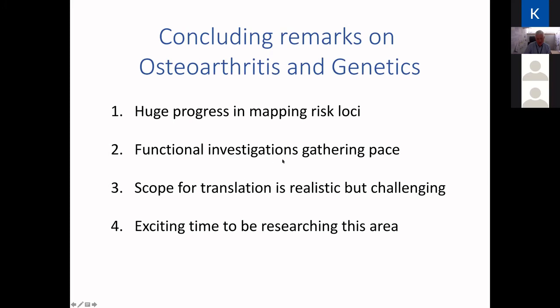And these types of investigations require the use of cell lines, patient samples, and so on. There is scope for translation. It does appear realistic, but it's likely to be quite challenging, and we're going to have to think about when we do this. But it is a very exciting time to be researching this area.